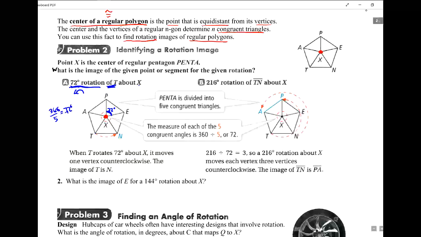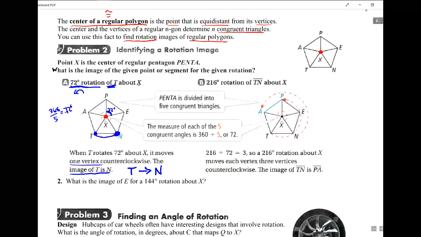And so I am taking point T, and I am going to rotate it 72 degrees about X. Well, a 72-degree rotation takes me here to N. So T maps to point N. When T rotates 72 degrees about X, it moves one vertex counterclockwise because we know that's our central angle. The image of T is N, so T maps to N. That would be T prime if we wanted to use prime notation.